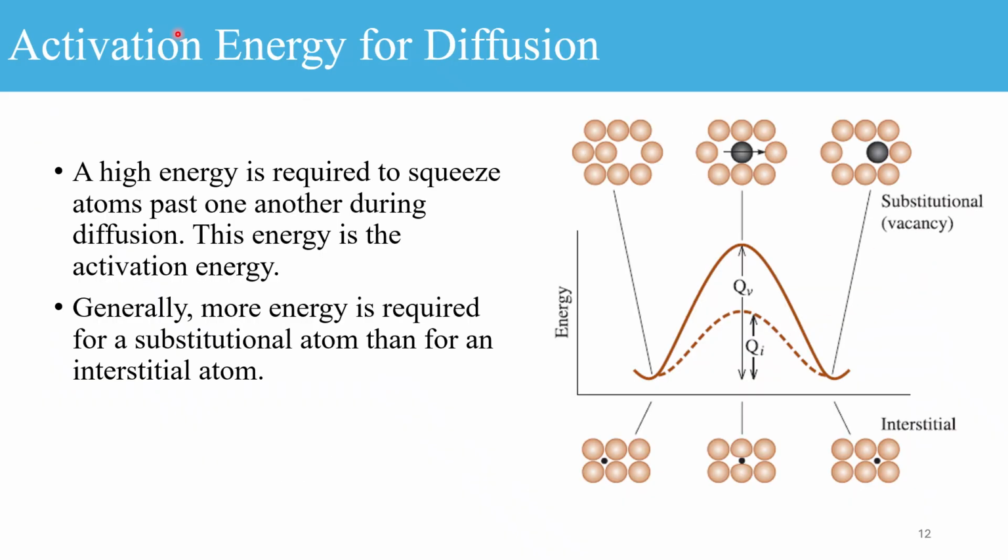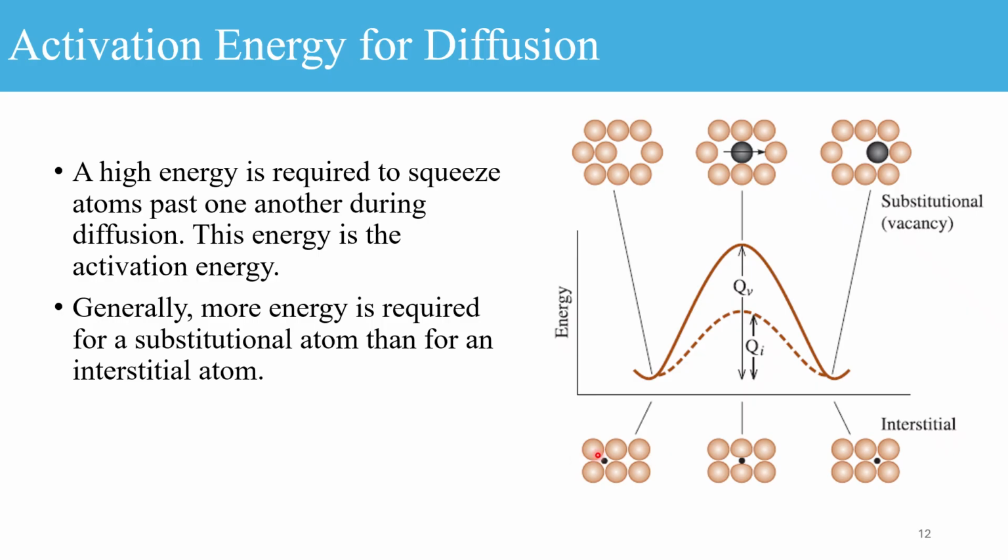So that brings us to the concept of activation energy. When one atom tries to squeeze past to another location, such as this atom trying to go into this vacancy position, there is some energy required for that movement. Similarly, for this interstitial atom trying to squeeze past these atoms and move into another position in the structure, there is some energy required for that movement.